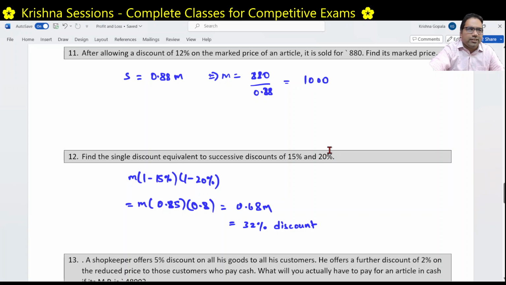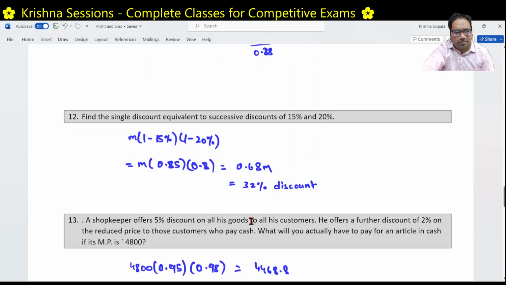Then the second discount is again 20%, that means into (1 minus 0.2), which is equal to 0.8. So the net price after both the discounts will be M into 0.85 into 0.8, which is equal to 0.68M. So it was finally sold at 0.68M. What does that mean? That means 32% discount was given. 1 minus 0.32 into M, right? So 0.32 is equal to 32% discount.